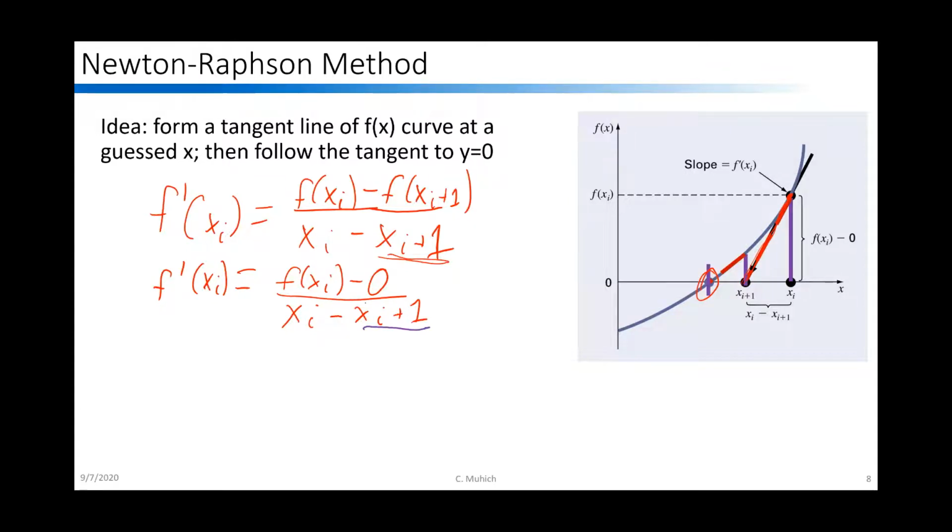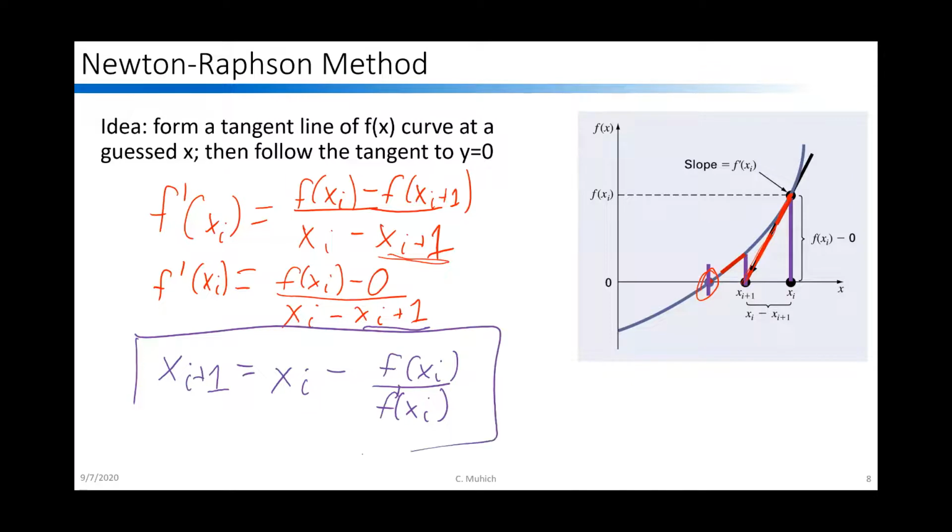If I take this bottom term, multiply it over to the other side, and rearrange, I can come up with the equation: xi plus 1, the next guess in my iteration, is equal to xi minus f of xi over f prime of xi, the derivative. Okay, so this is going to be the equation for our Newton-Raphson method.